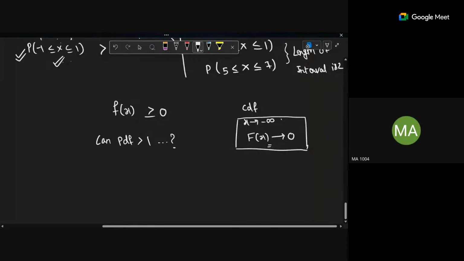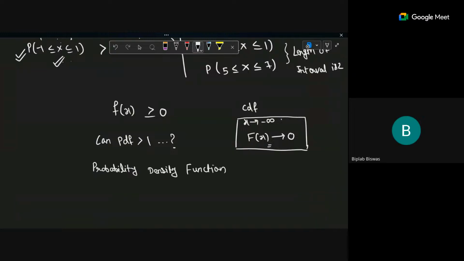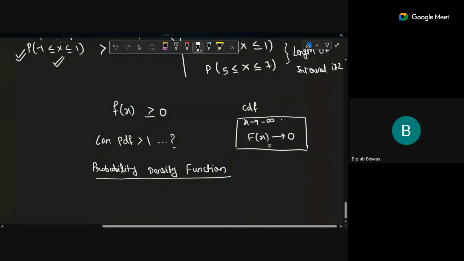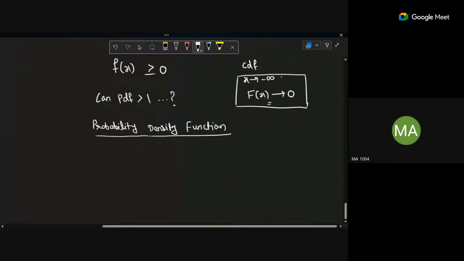So it should be less than 1. Okay. Anyone else? Yes, ma'am, the PDF can be greater than 1. If we reduce that length, it will increase. Example or explanation?